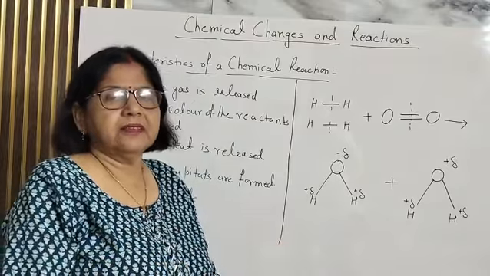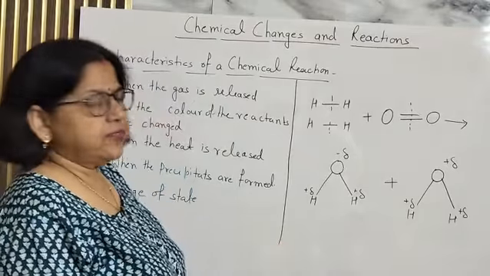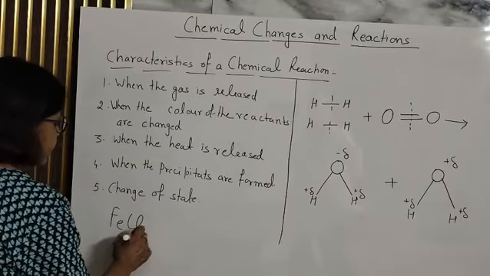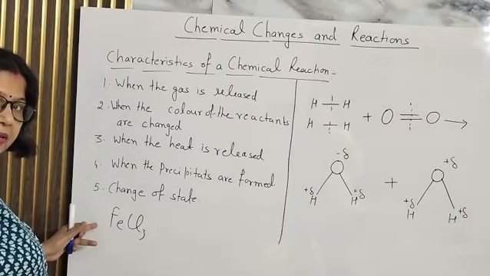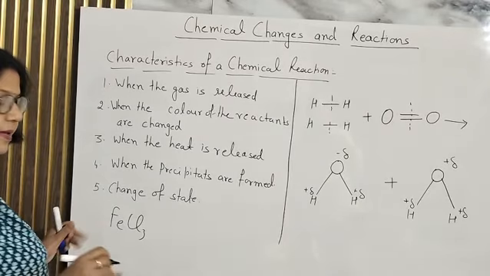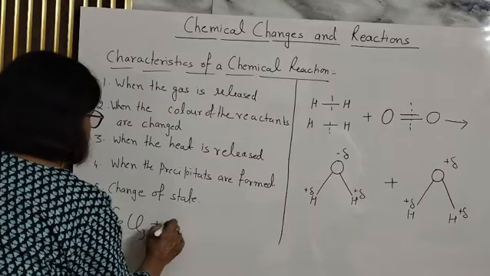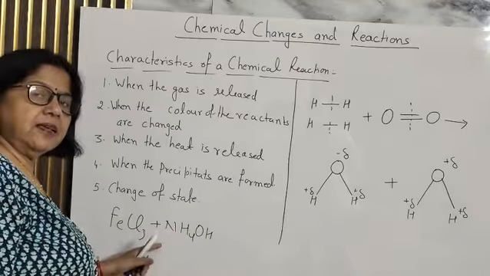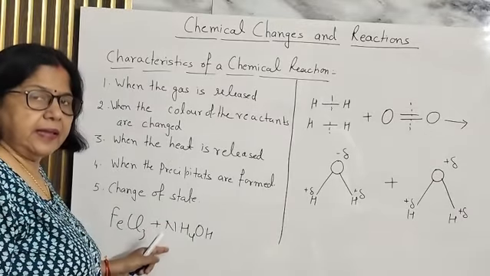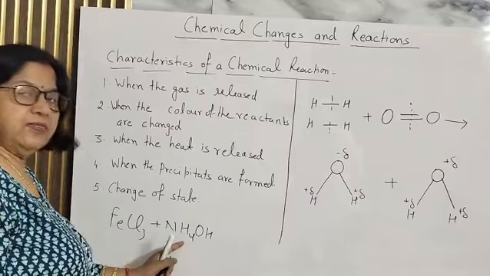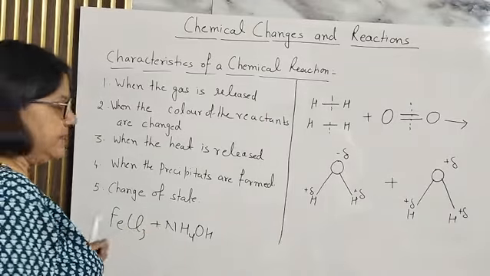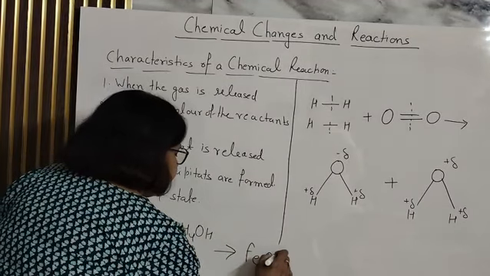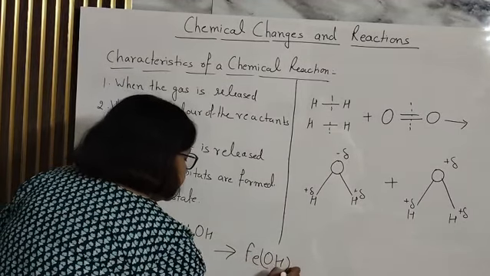So if you take ferric chloride solution, FeCl3, it is a reddish brown solution, transparent, but the color is there. And if you add ammonium hydroxide, another transparent liquid, both are liquids, but once you have added them, what will happen, children? Immediately a thick reddish brown precipitate will be formed.